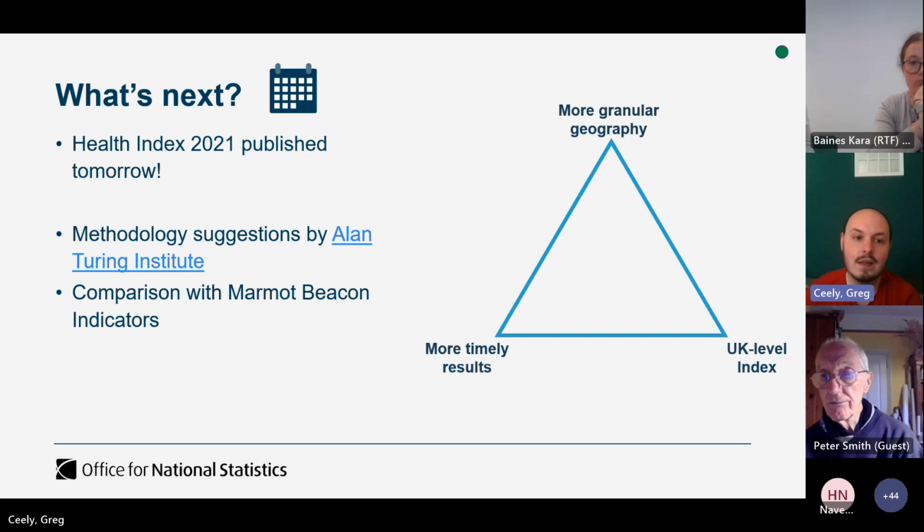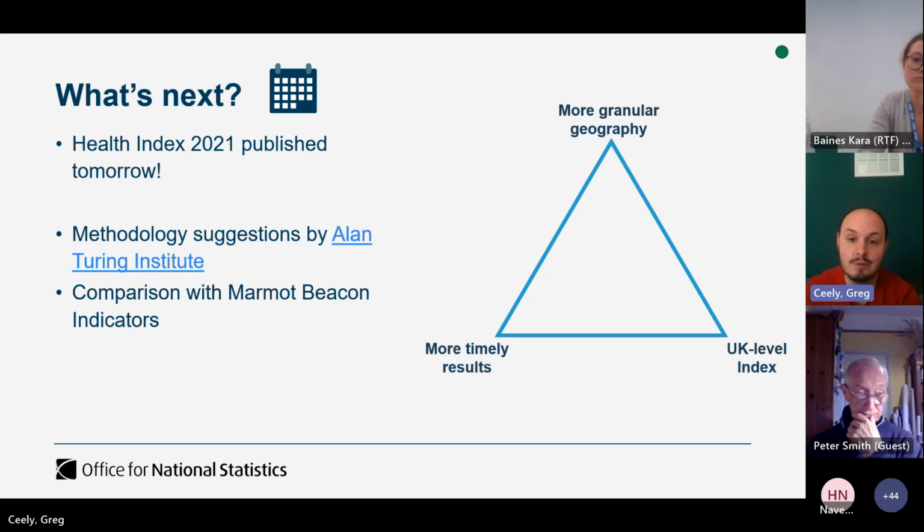A couple of other areas that we are progressing at the moment with some quite high profile colleagues. Our friends at the Alan Turing Institute have recently completed a comprehensive review of our methodologies and made some suggestions of alternatives we could explore in places. This is available in pre-publication with the link that you'll have in the slides later on, but will be published in one of the RSS journals.